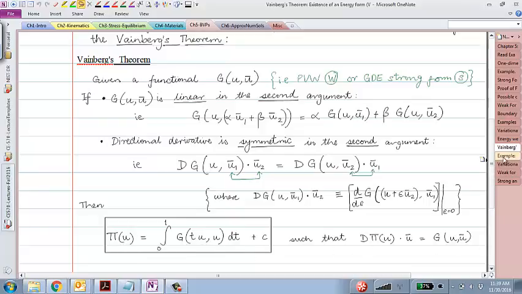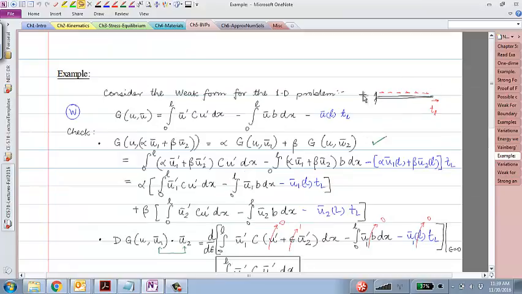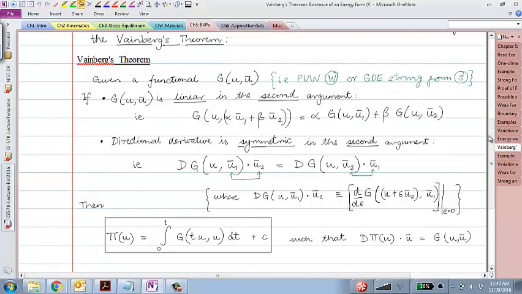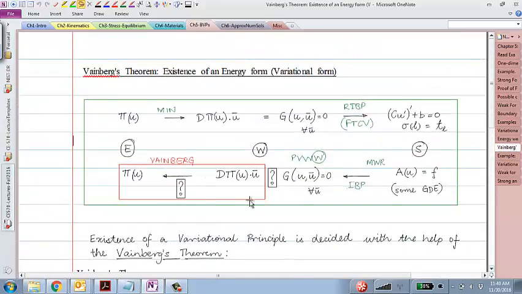We were going through this example last time of this one-dimensional problem. For this problem, we have already constructed the strong form, the weak form, and the energy form. So we already know that going from here to here is possible because this exists.